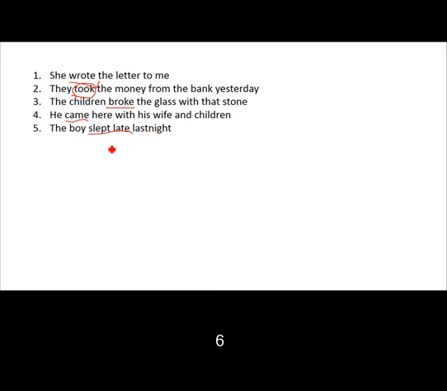And now for your assignment, I would like every one of you to write five sentences using be, five sentences using auxiliary, five sentences using irregular verbs, and another five sentences using regular verbs.